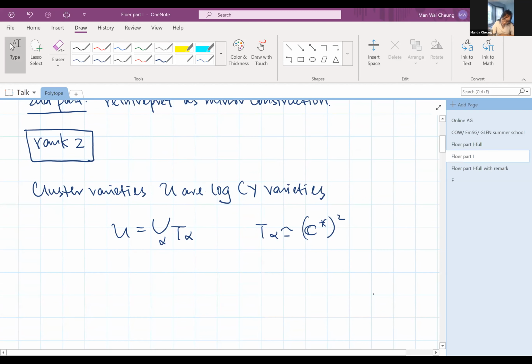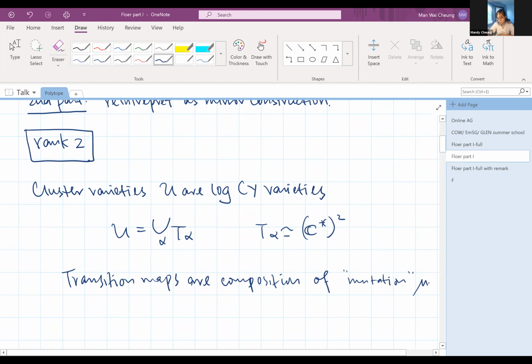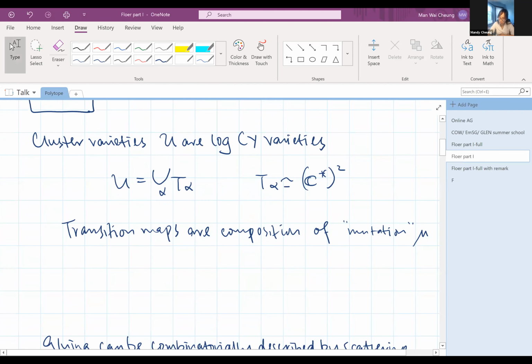And then here we have the transition maps. Because we are doing cluster theory, the transition maps are compositions of something we call mutations. But if you are not a cluster person, a birational geometry person, that will be just some birational map.